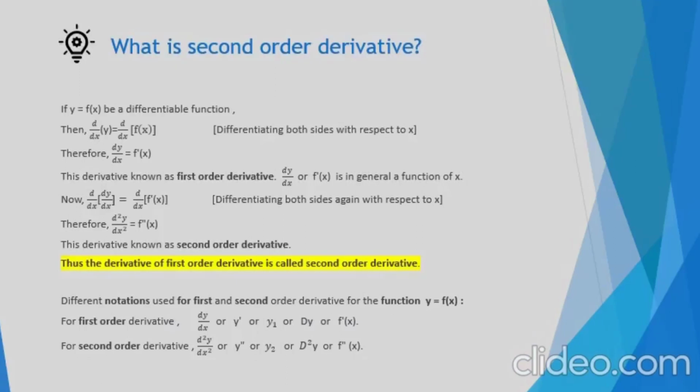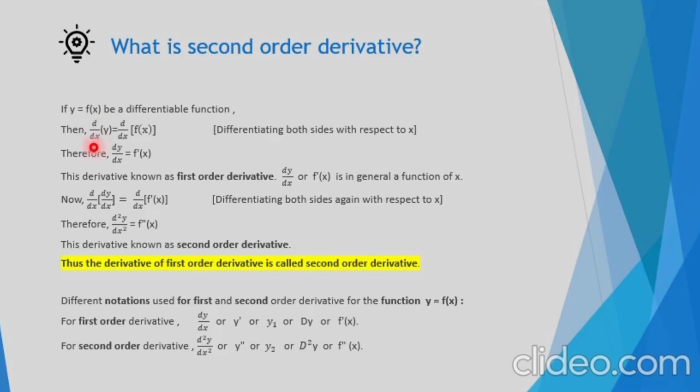Now I will explain how to find out the second order derivative. Here I consider a function y equal to f(x), where x is an independent variable and y is dependent. If we differentiate y equal to f(x) with respect to x, then what we will get?